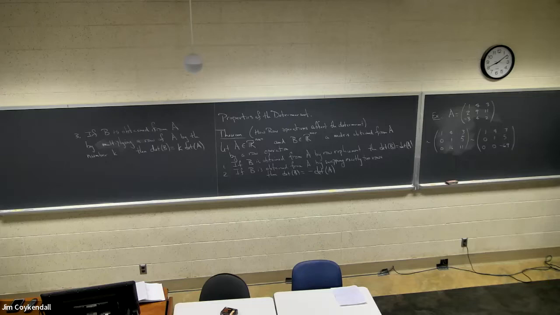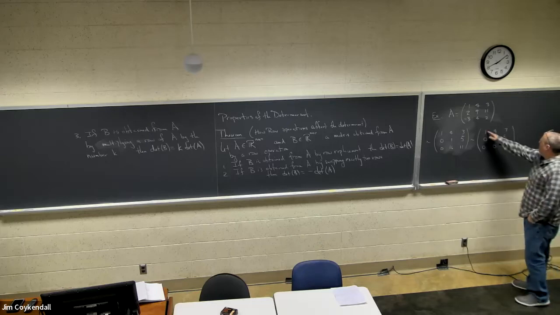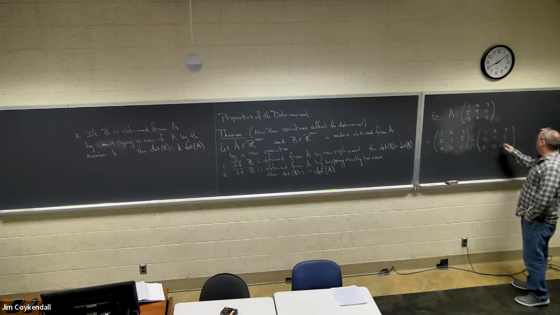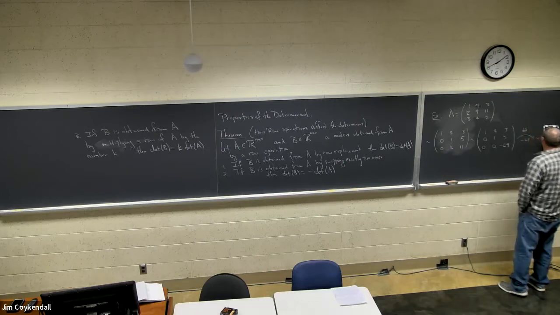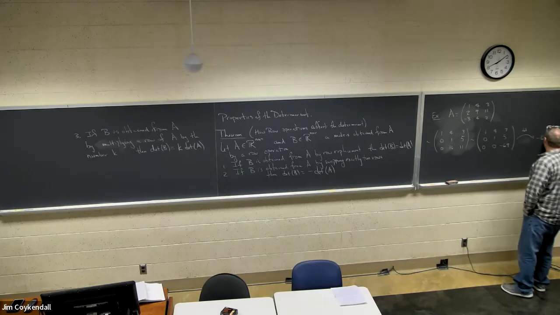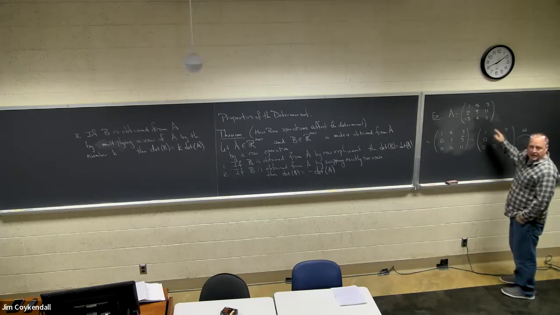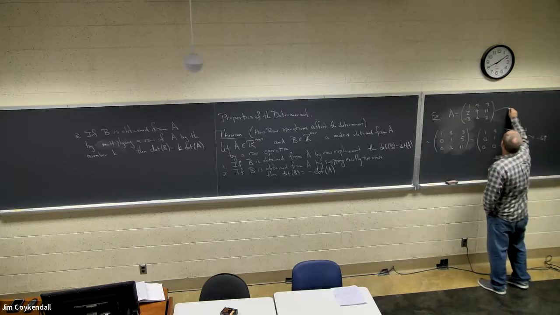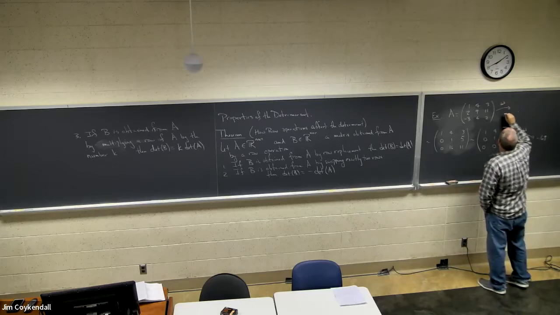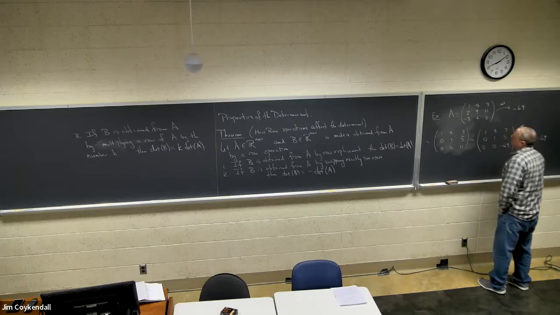This is upper triangular, and so the determinant of this matrix is -69. All I did to get from here to here is row replacement, and none of those operations changed the determinant. So the determinant here is -69 as well.